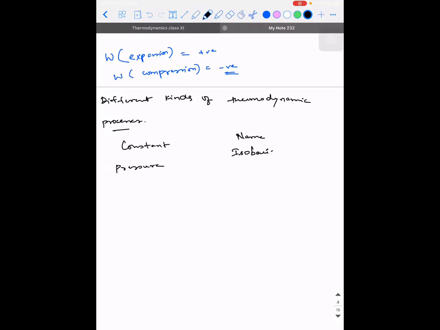It's called isobaric, because bar is a unit of pressure. So when the pressure in a thermodynamic process throughout is constant, we call it an isobaric process.